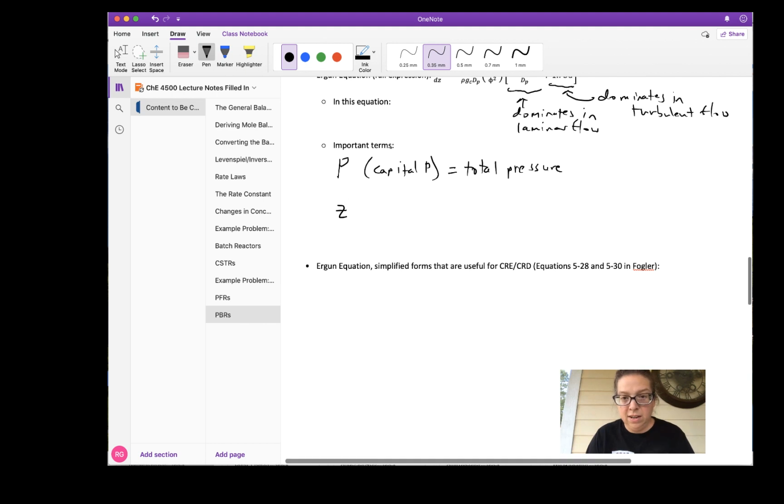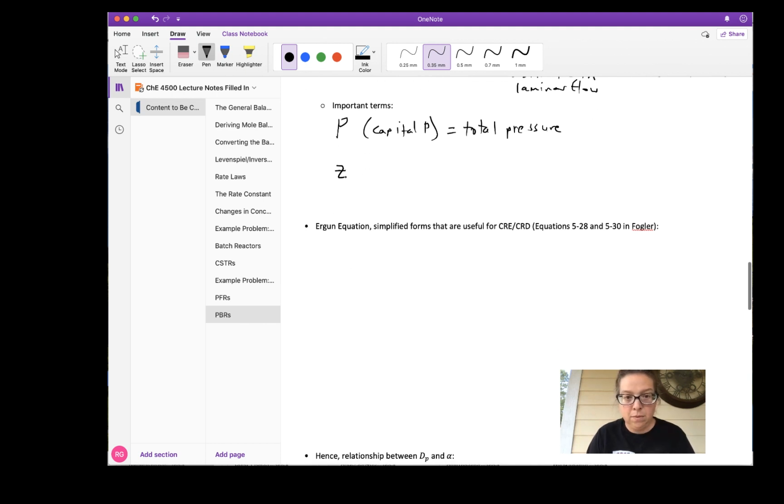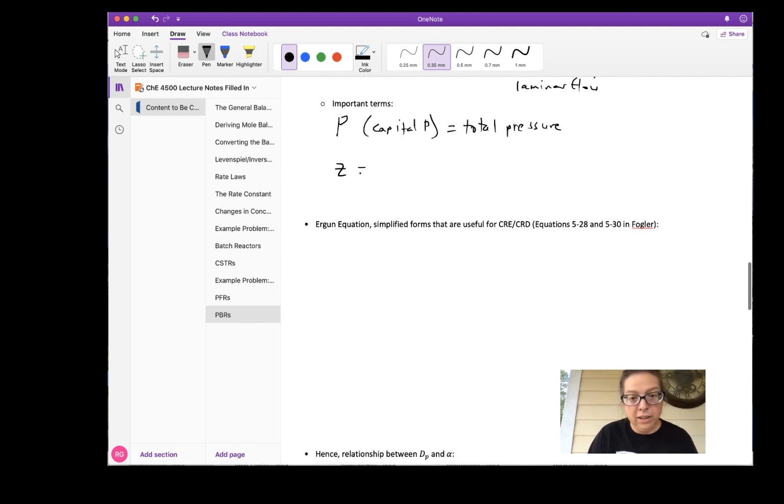Z, in the bottom here, is the reactor length, which is equal to the reactor volume divided by the cross-sectional area.